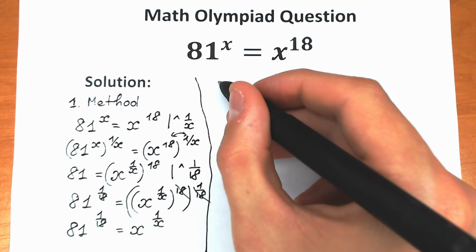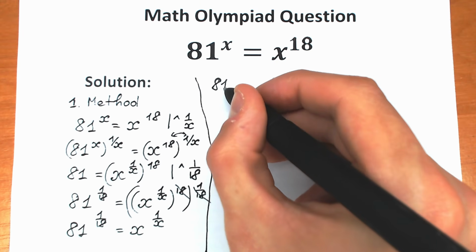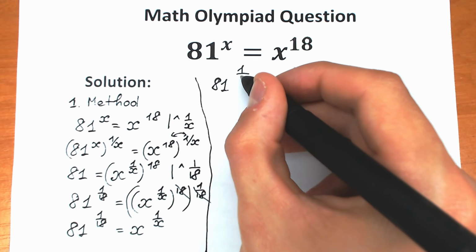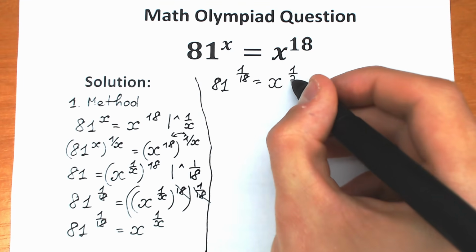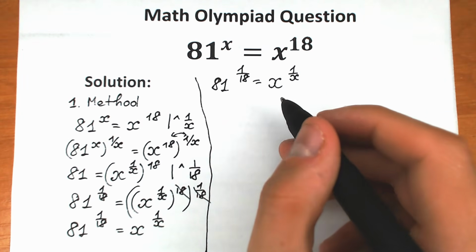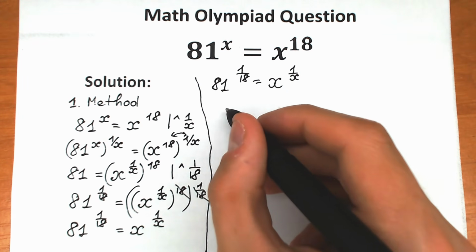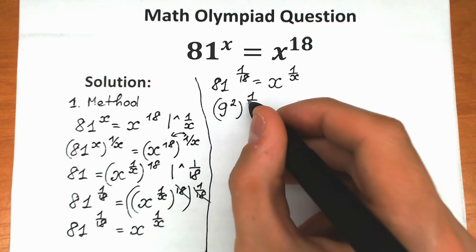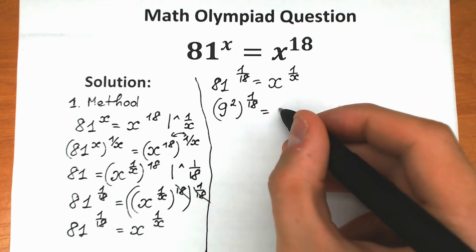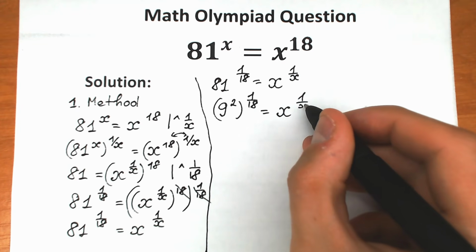So we have 81 to the power 1 over 18 equal to x to the power 1 over x. Right now let's write this 81 as 9 squared. So we have 9 squared raised to the power 1 over 18 equal to x to the power 1 over x.